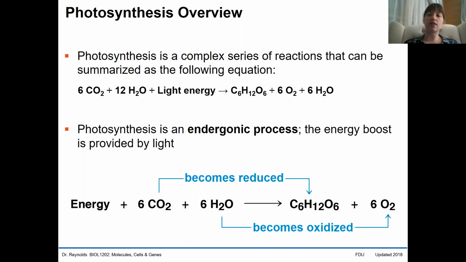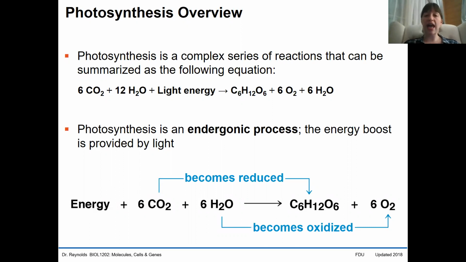So photosynthesis and cellular respiration in a lot of ways are opposite of each other, where carbon dioxide becomes reduced into glucose and water becomes oxidized into oxygen. If you were to take a look at our cellular respiration process, you would see that glucose becomes oxidized to carbon dioxide and that oxygen becomes reduced into water.